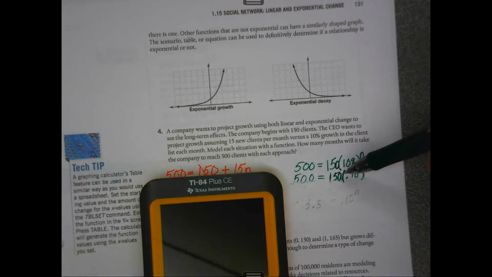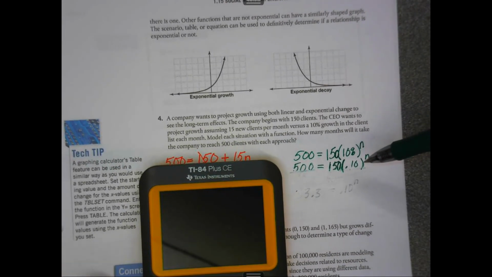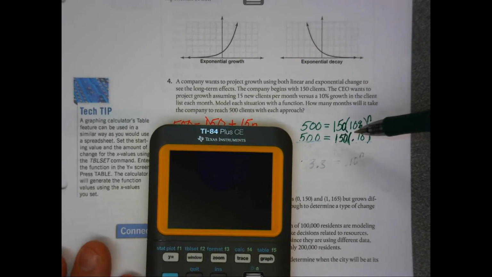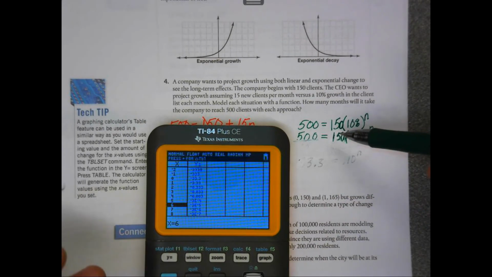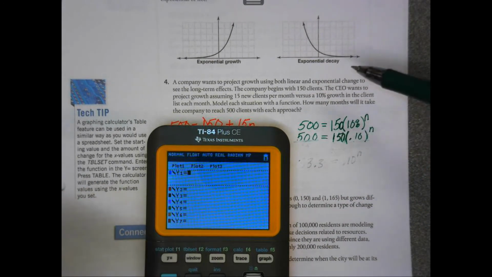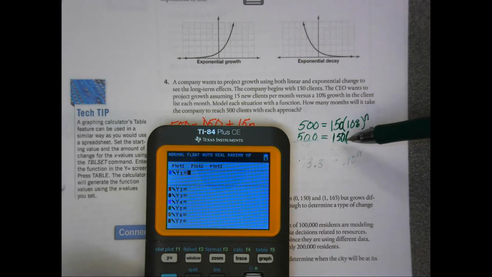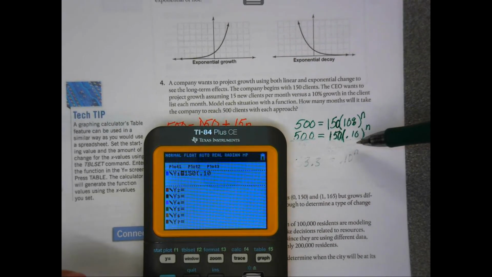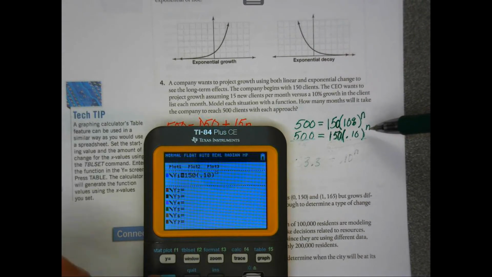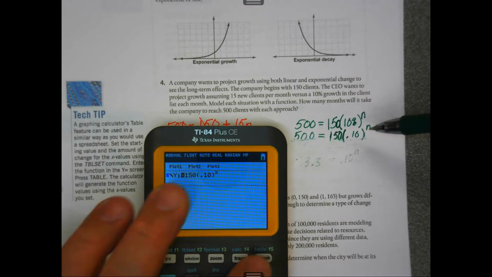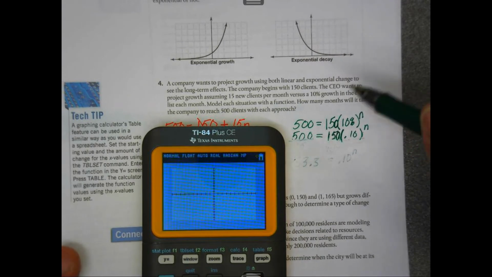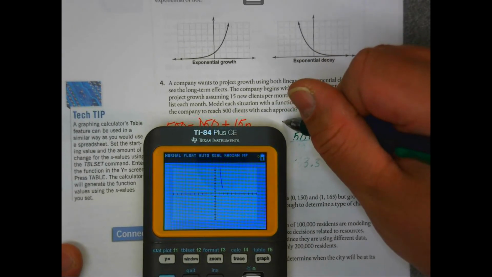All right, so I'm going to make a graph here. I'm going to put in my y equals 150 times my 0.10. Now I don't have an n, but I do have an x, so raised to my x. Don't forget, this is my y value.